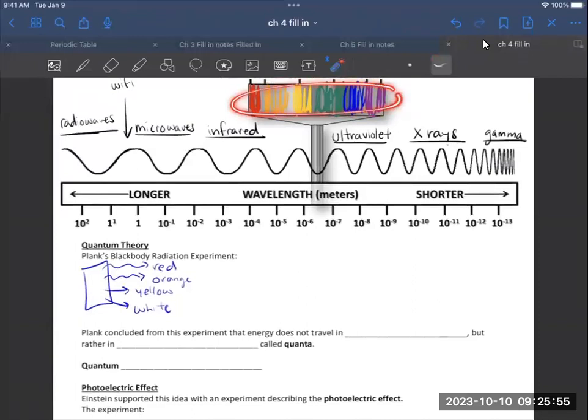And when they all shine together, we see white light. So black body radiation is actually emitting every single frequency of light, but it's combining, and so we see it as white hot. If you have ever heard something called white hot, they're referring to that white light being emitted.